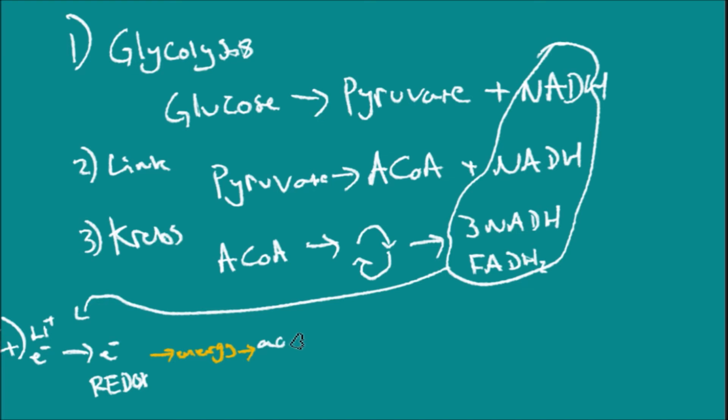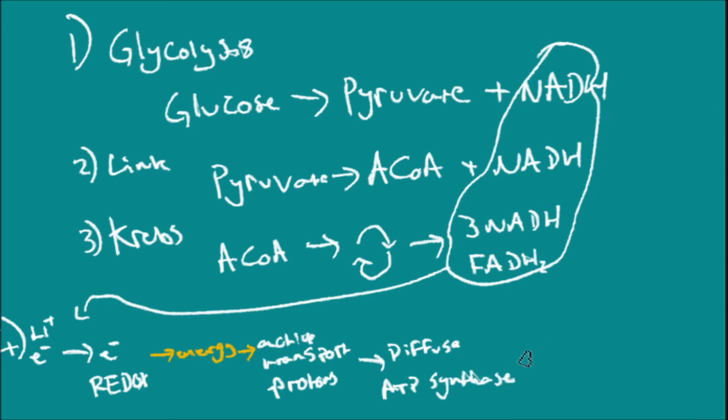That's for the active transport of protons. They then diffuse through the ATP synthase, because that is the only way out. That energy is then used for our equation that we mentioned at the beginning, ADP plus phosphate plus energy, to make ATP.